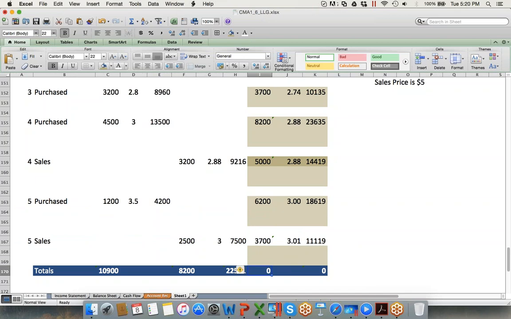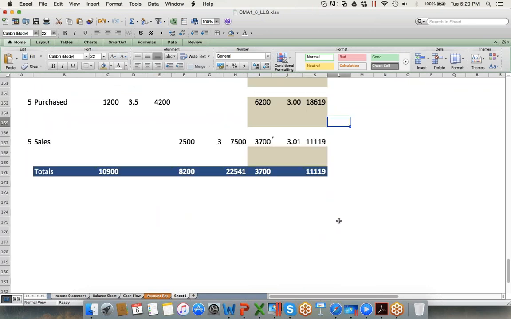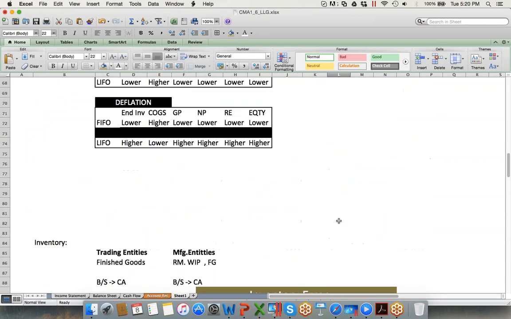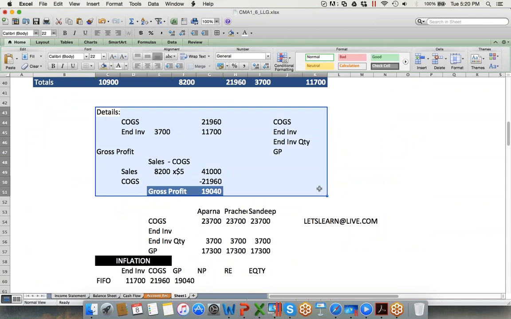Okay. So your ending inventory quantity will remain the same. And value will be different. Closing stock will be different here, $11,119. Let me check what is the difference in the profits as well. We'll copy details here.